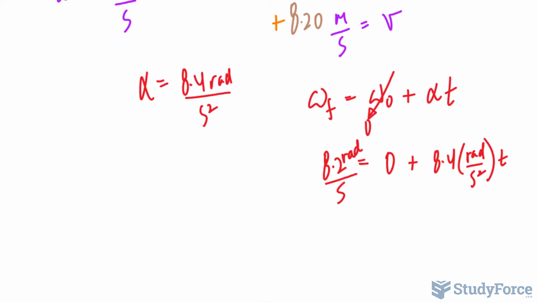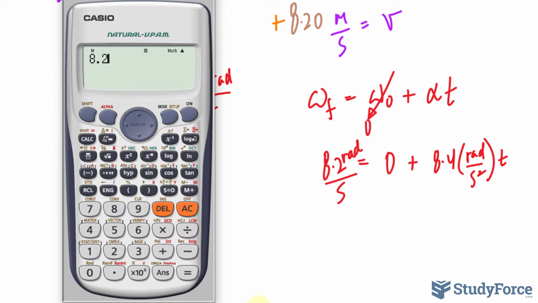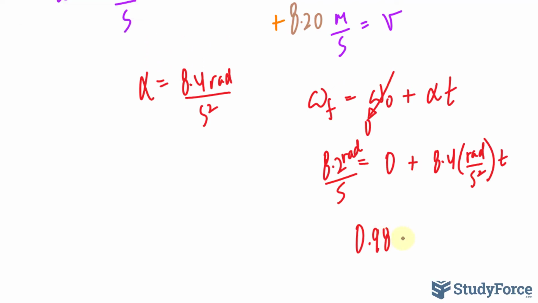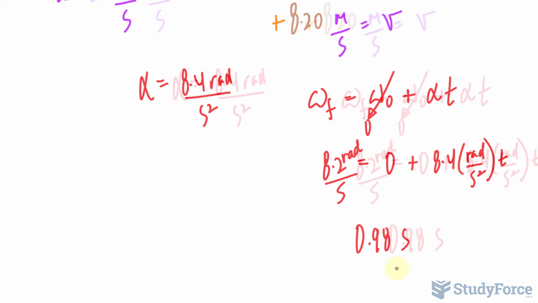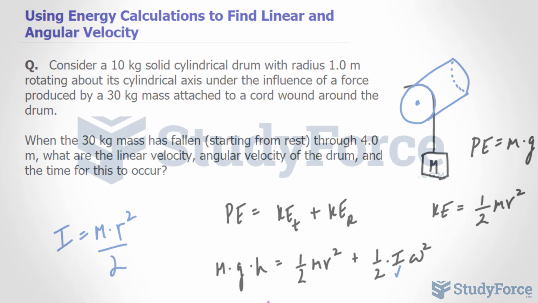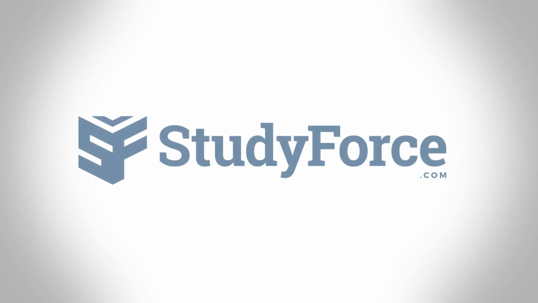Dividing both sides by 8.4, so 8.2 divided by 8.4 should give us the time, and that is 0.98 seconds. 0.98 seconds for all of this to happen. And so there you have it. That is how to use energy calculations to find the linear and angular velocity.